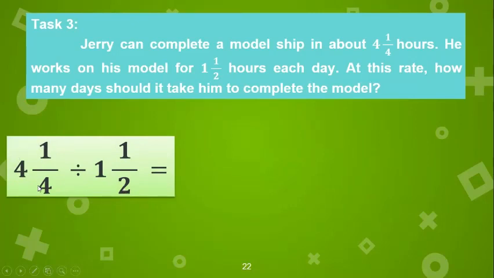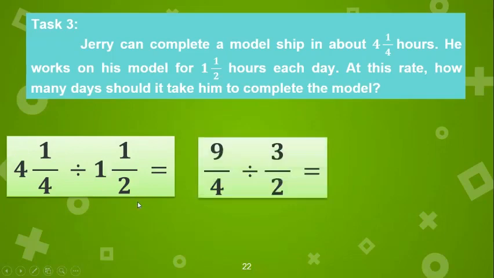So they are both mixed numbers. We have to change that first to improper fractions, correct? So 4 times 4 plus 1, you have 9, and copy denominator 4. 2 times 1 is 2 plus 1 equals 3.